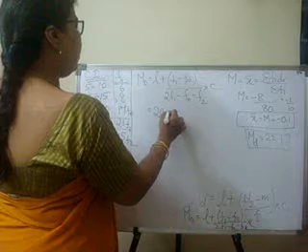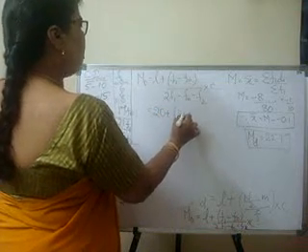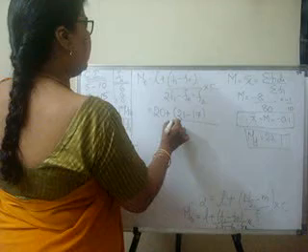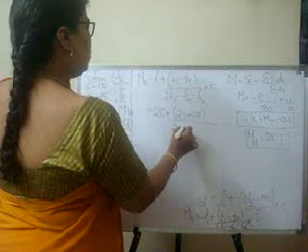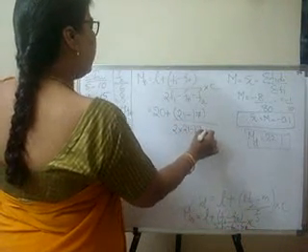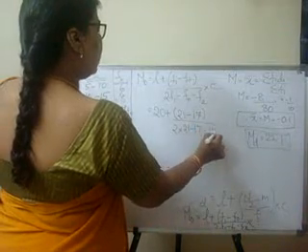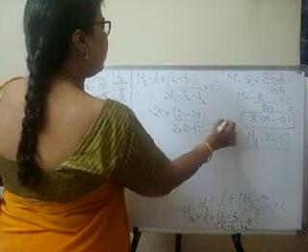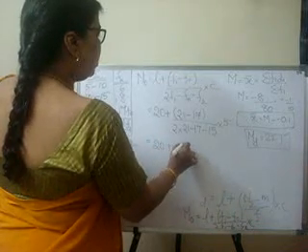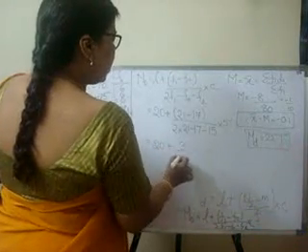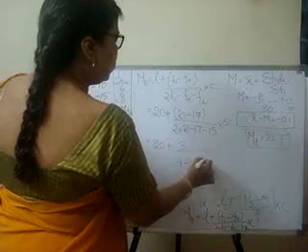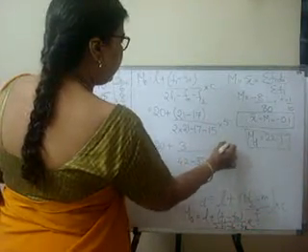20 plus (21 minus 17) divided by (2 into 21 minus 17 minus 15) into C, which is 5. So that would be 20 plus 3 divided by (42 minus 32) into 5.